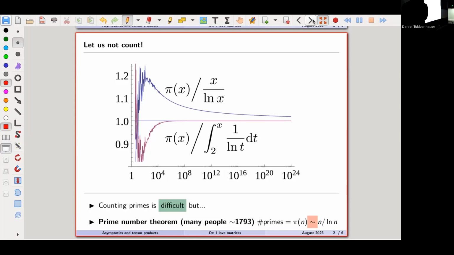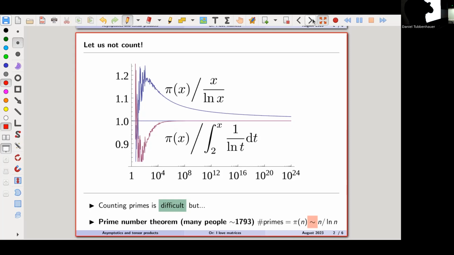The pi(n), okay, you can't count it. It's kind of impossible to write down a nice formula, but you can write down an asymptotic formula. So it's asymptotically the same as n over log n. There are many types of counting formulas, and there's also the logarithmic one.